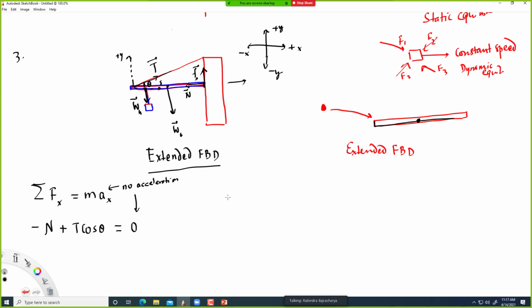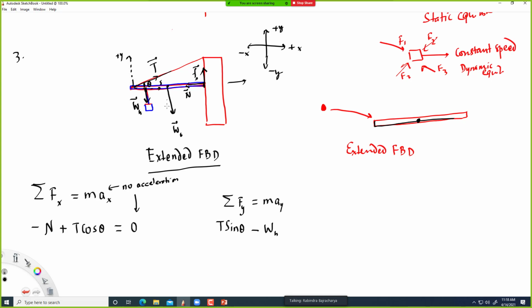Likewise, write Newton's law along the y direction. So write all the forces along the y-axis. The first one is the y component of the tension, which is T sine theta, and it's positive because it's pointing up. There is the weight of this hanging mass, which is pointing down, so it's negative.